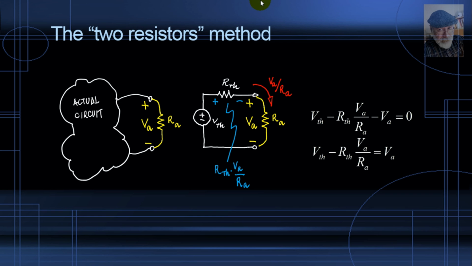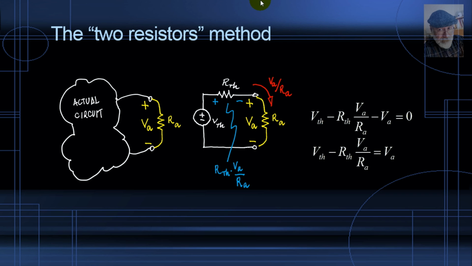We can rewrite the equation this way, where we have moved the known term VA to the right. In that equation, we know RA. Of course, we chose it. We know VA. We measured that in the lab in the circuit on the left. And we have two unknowns, VTH and RTH. So we have one equation, two unknowns.